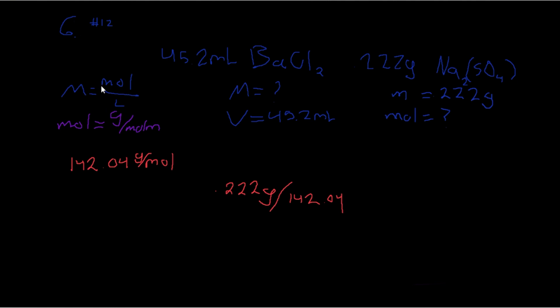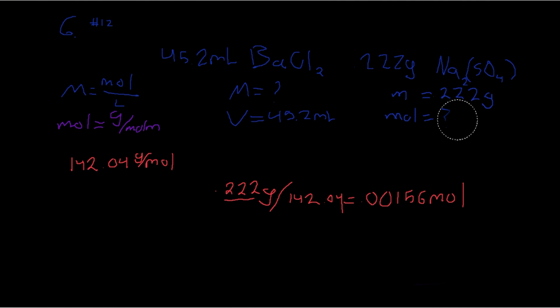If we pull up our calculator, 0.222 divided by 142.04, we should get that incredibly small number, which we can round to, we'll say 3 sig figs because there's 3 right there. So, equals 0.00156 moles. So now we've got this thing's moles.